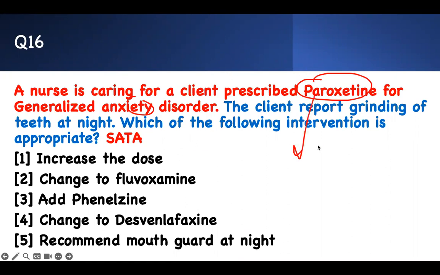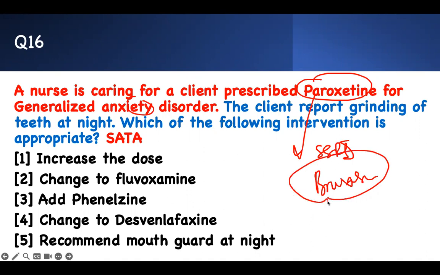This is specific for SSRIs. This is what we call bruxism. When you see that, you should not increase the dose. You should stop the medication and switch to another one. Change to fluvoxamine? It's still an SSRI. You should not add another medication.